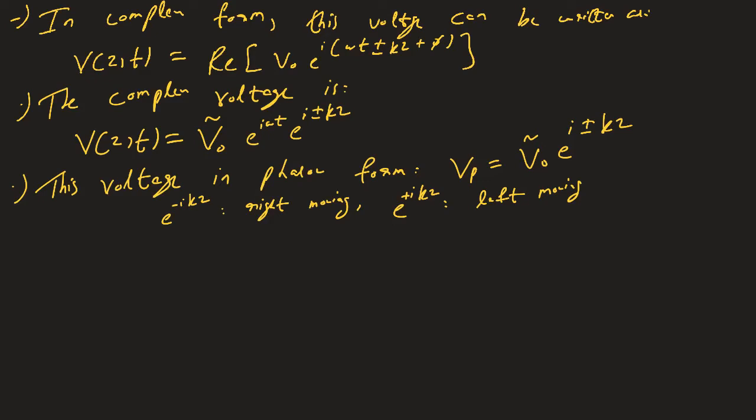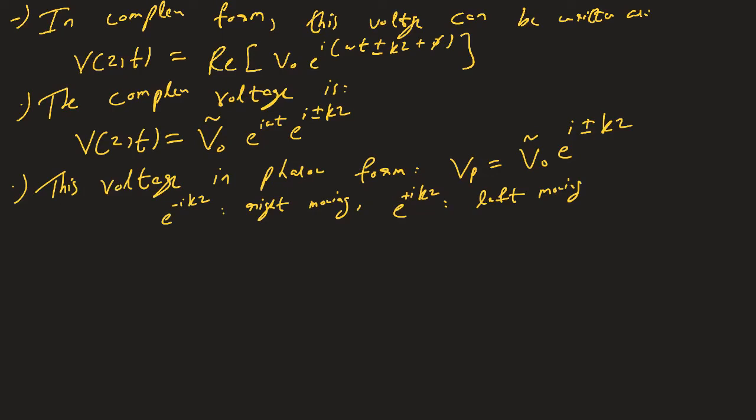So in phasor form, we assume that the factor of e to the i omega t is essentially constant in all parts at any given point in time, and so we just cancel out that part in some sense.